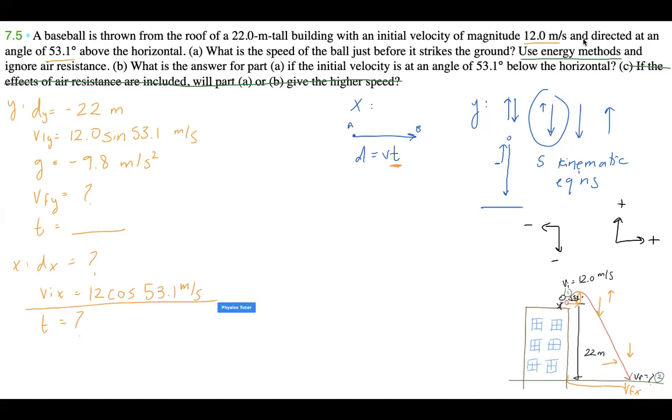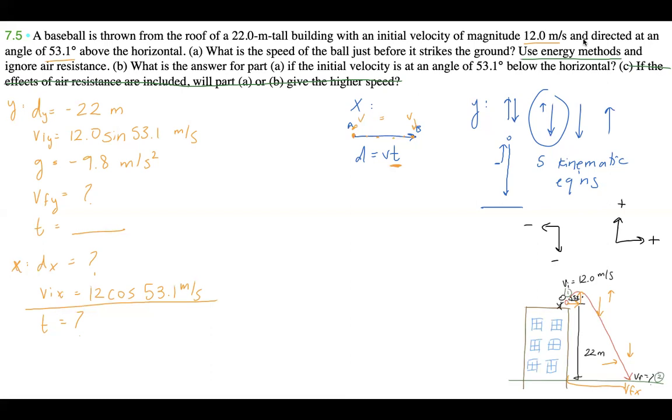all we need is this right over here. We have VFX because in the X direction, remember how we said that this speed at point A, at point B, at any point, is exactly the same. So V over here is equal to V over here, and the reason is that there's no acceleration. Acceleration is what changes the speed.